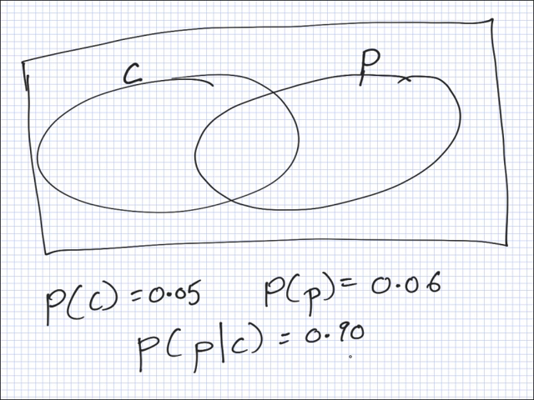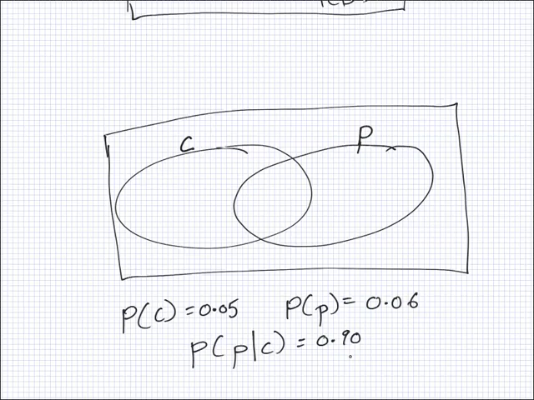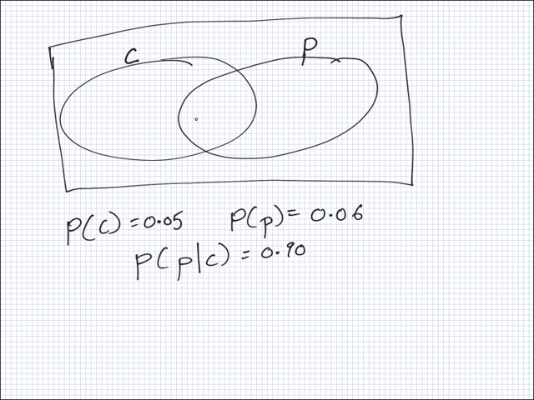So our job now is to complete the Venn diagram. Do you remember the trick I said for this? It's helpful if we can call the middle here x. Because we know that this is 5% of the population, this piece here has to be 0.05 minus x, and this piece here 0.06 minus x.